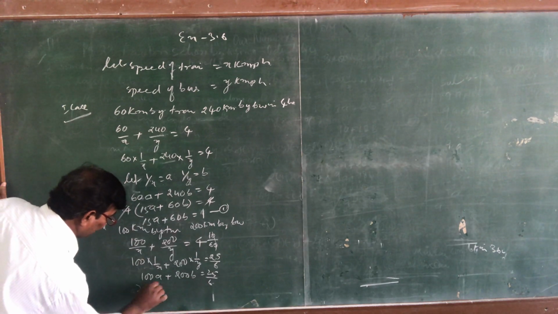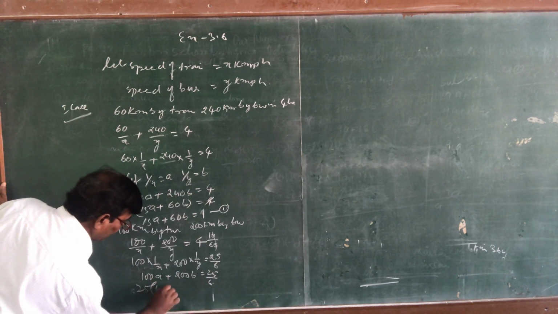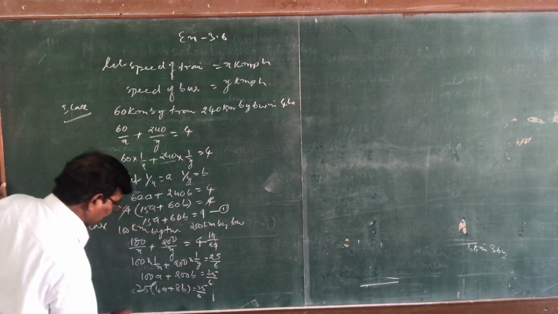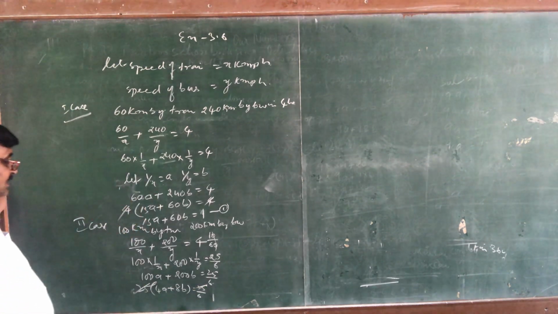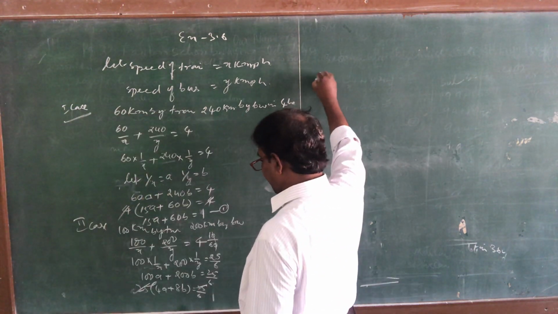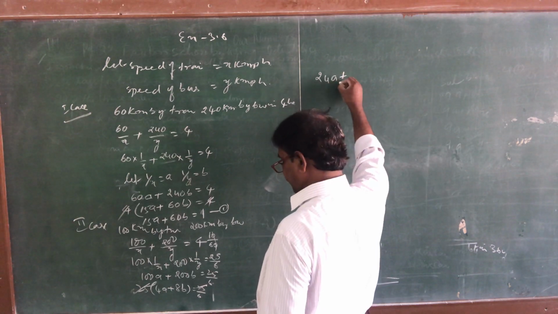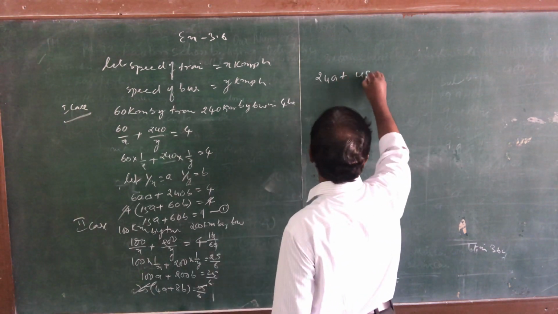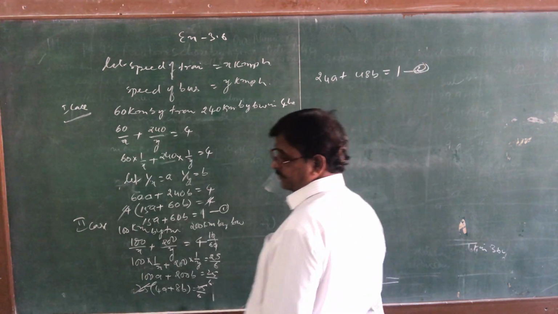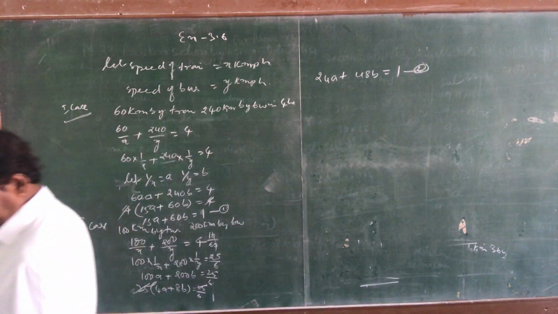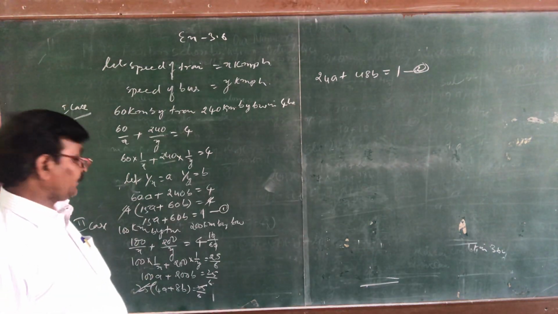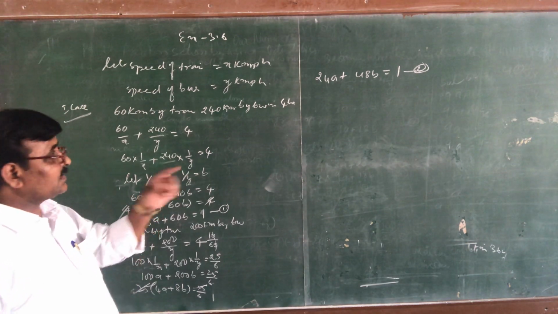So you can take 25 as the common: 4a plus 8b is equal to 25 by 6. Now 25 is cancelled. We can write 24a plus 48b is equal to 1. It is the second equation. Got it? It is the first equation and second equation.